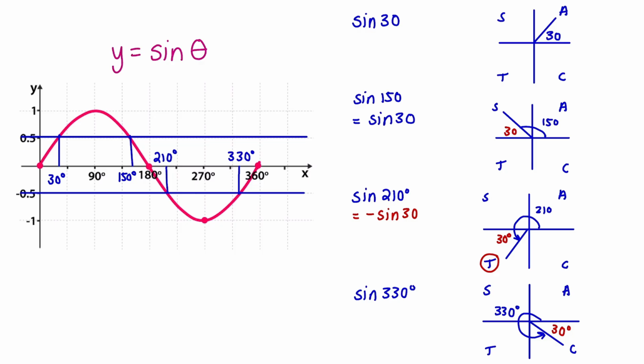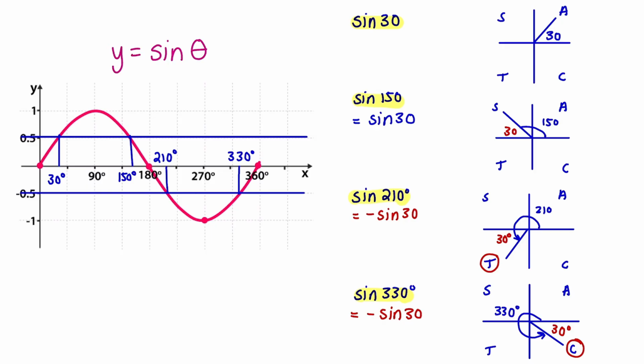And it's in the Cos quadrant, so that means sine is negative. So here, it is equal to negative sine 30. If you were to put these values into your calculator, what you would end up with is actually different variations of the value of sine 30.